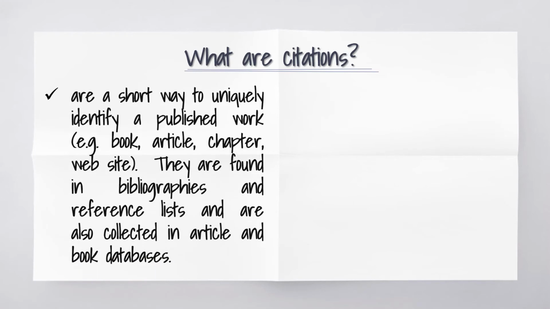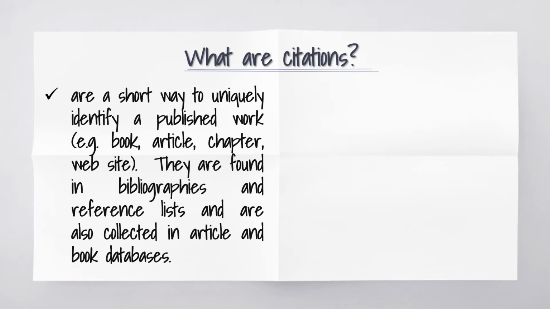At this point, we are going to define what are citations, okay? So, citations are a short way to uniquely identify a published work, for example, from a book, from an article, a chapter, or a website.